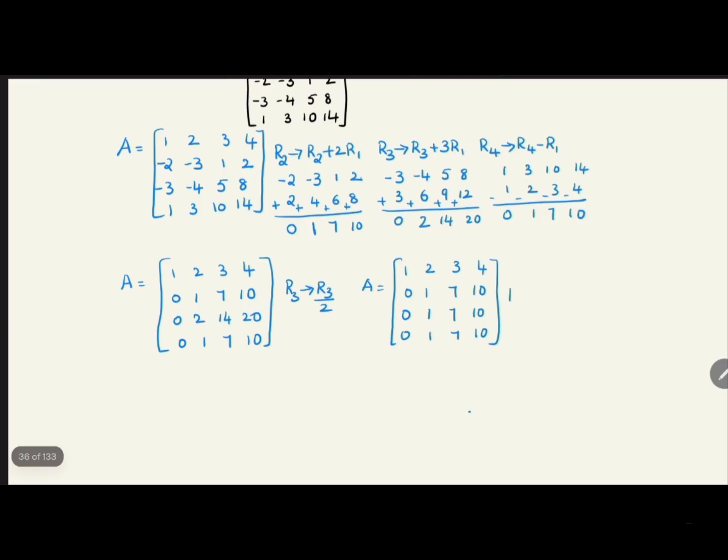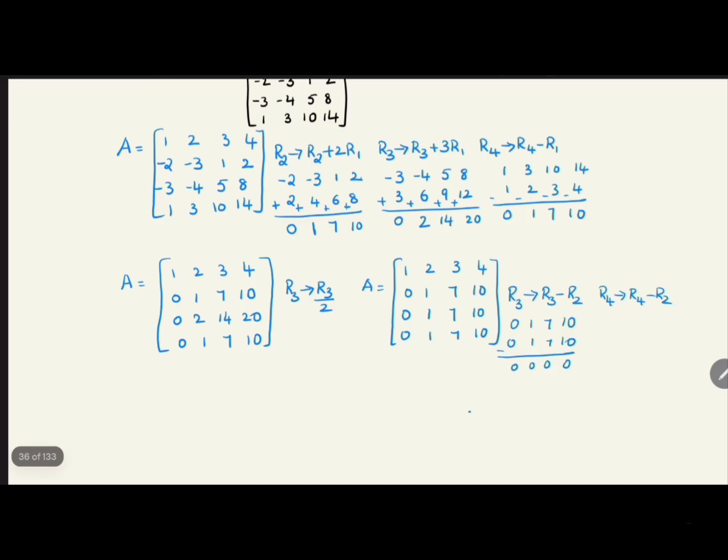So what will be the operations? R3 implies R3 minus R2, R4 implies R4 minus R2. So what is R3? 0, 1, 7, 10. R2 is 0, 1, 7, 10. So if I subtract, the elements become 0.